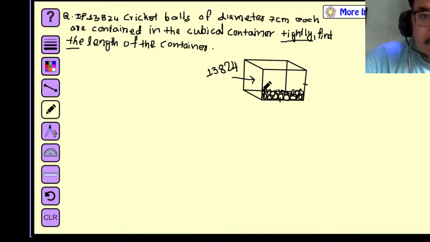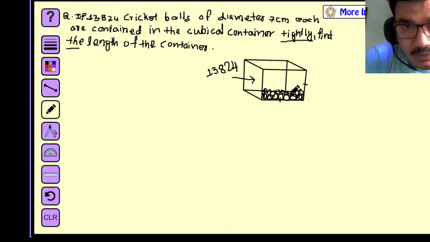They are kept so tightly so that there remains no gap between any two of these cricket balls.